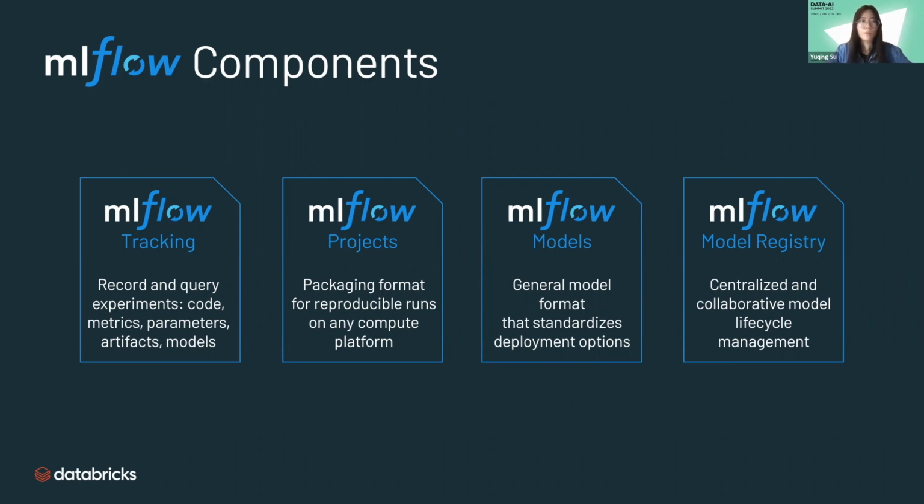The second component is the MLflow project. It is a standard format for packaging your data science or machine learning code for reusability purposes. You can think of each project as a directory with code, or it can also be a Git repository, and it uses a descriptor file to specify any dependencies or requirements, and also how to run the code.